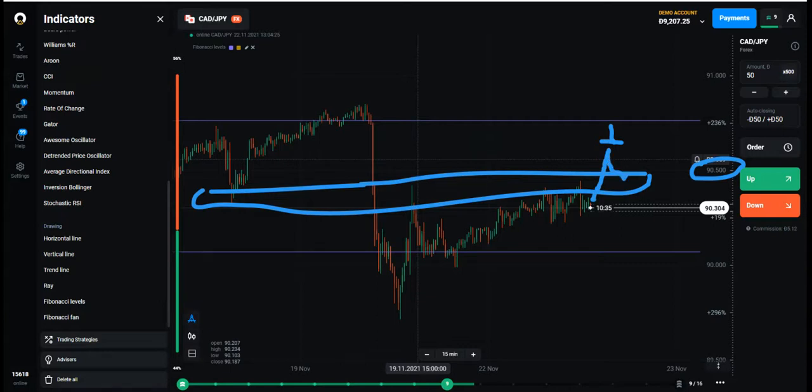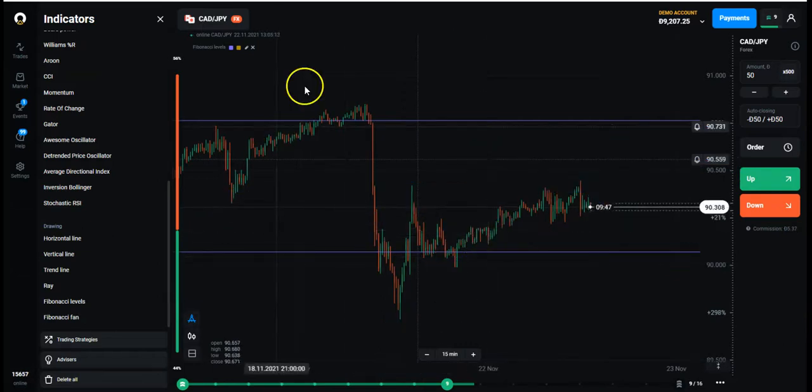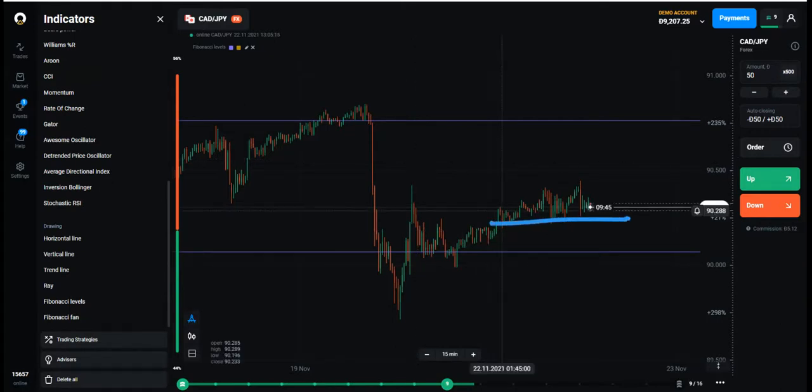Once we have a breakdown, I will be looking for another possible entry, a scaling entry, just like the Euro Pound. Once we've broken beyond this, either with this trend line, we've also got a marked out level here. I do expect the market to break that level, and if it does and it retraces, that will be an even higher probability entry with more confirmation.